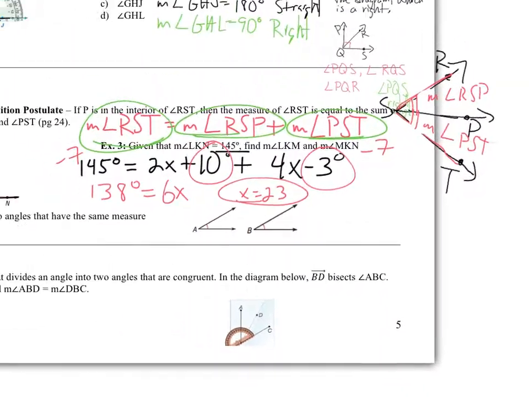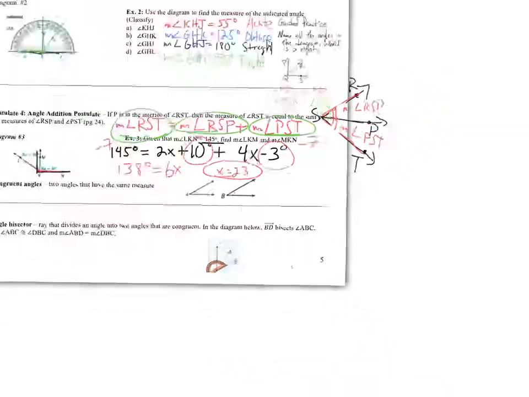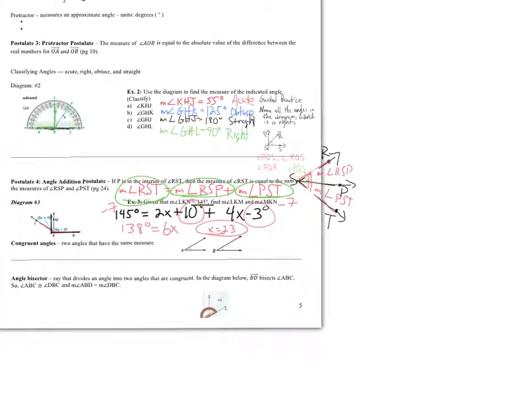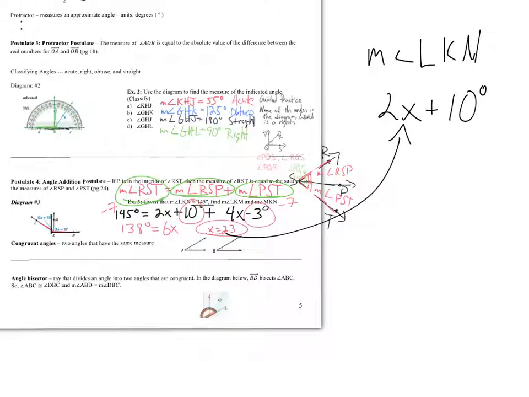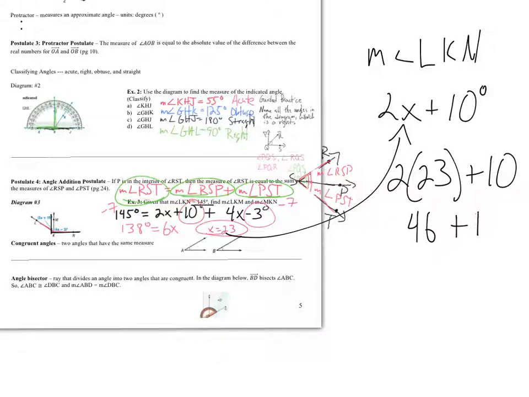Now I need to sub these back in because they want the measure of each of these angles. So the measure of angle LKM, which is 2x plus 10 degrees, we sub x in, x is 23, so we get 2 times 23 plus 10. 2 times 23 is 46, 46 plus 10 gives us 56.